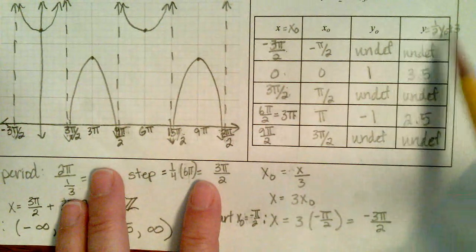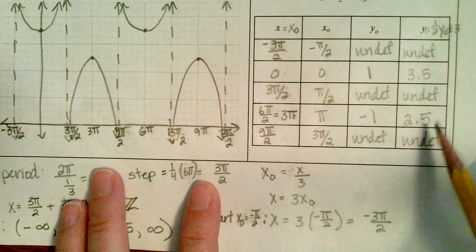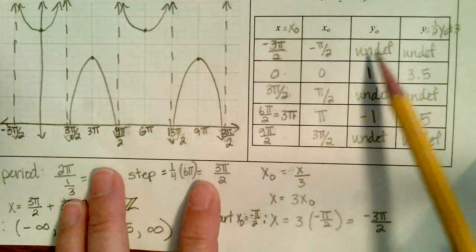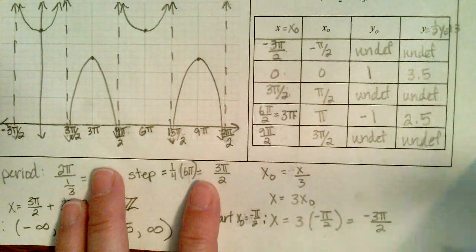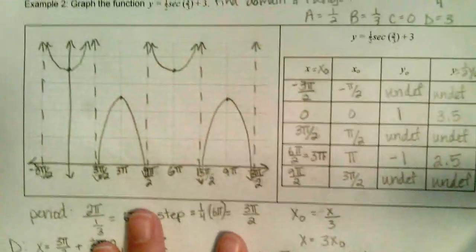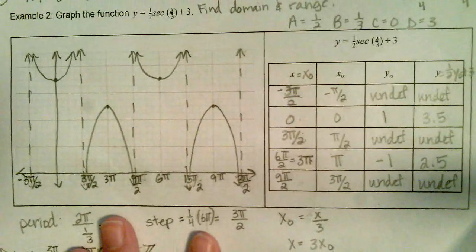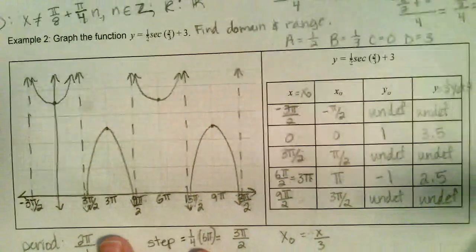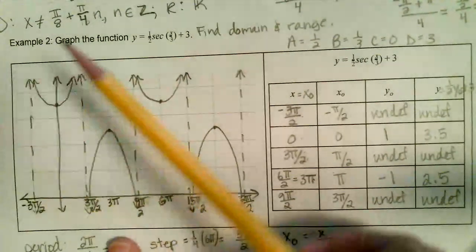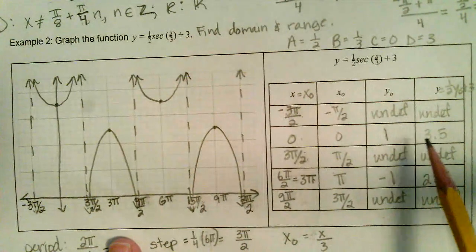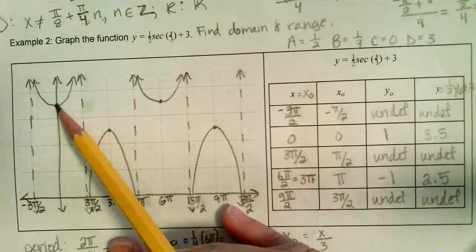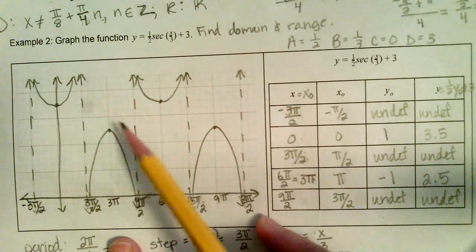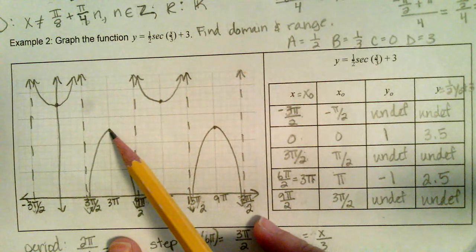I think the vertical transformations are pretty easy for people. Again, you need to remember that anytime you multiply something that's undefined, it stays undefined. When you are graphing the secant and cosecant graphs, when I plotted, at 0 I plotted 3.5, and at 3 pi I plotted 2.5.